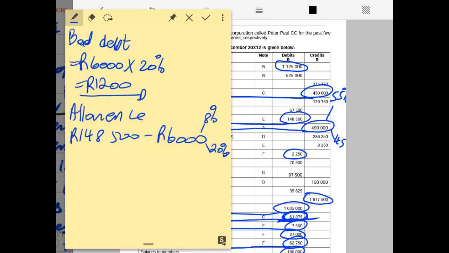So the full amount is no longer a debtor in the business. That is why we remove the entire 6,000. So 148,500 minus 6,000 rands gave us 142,500.